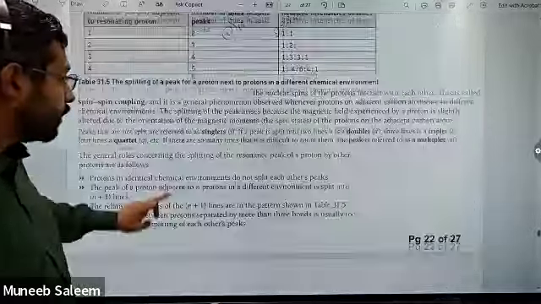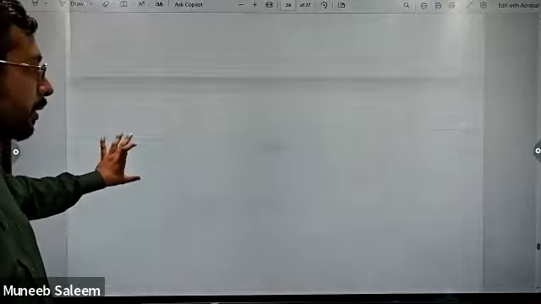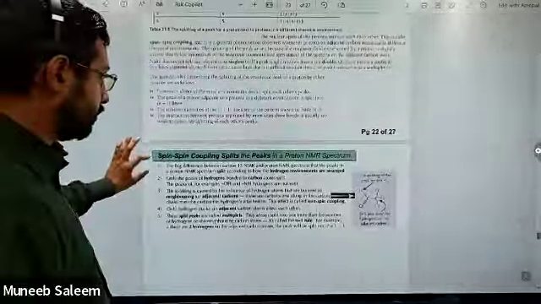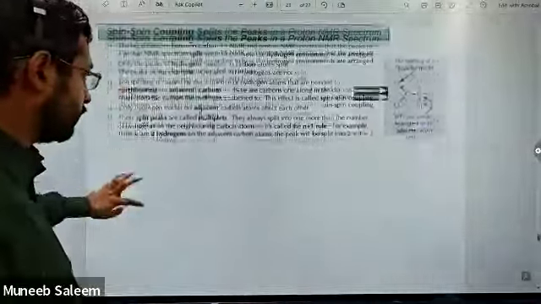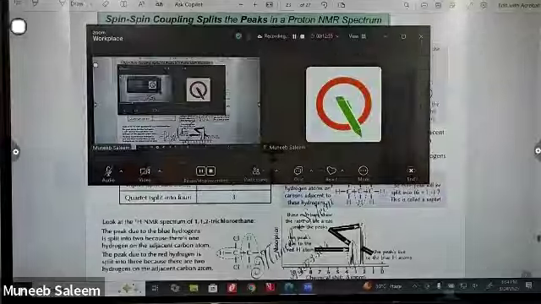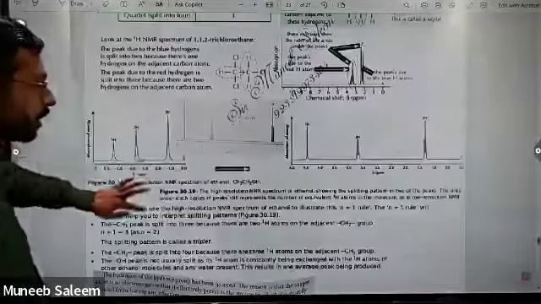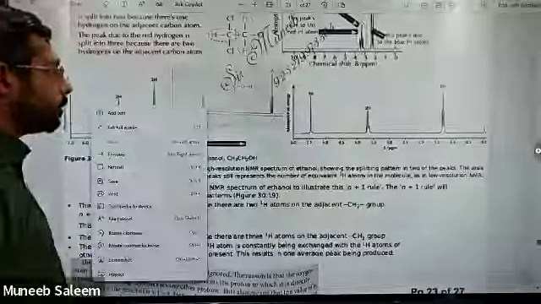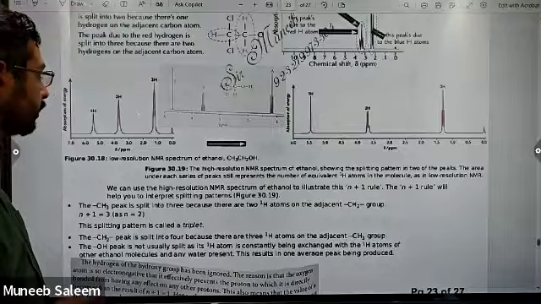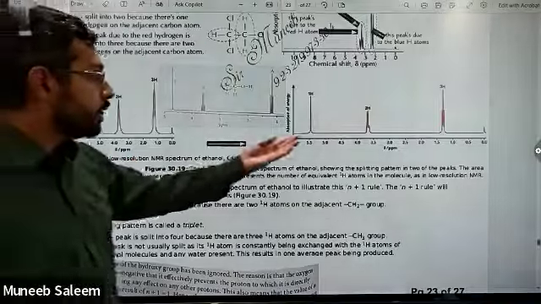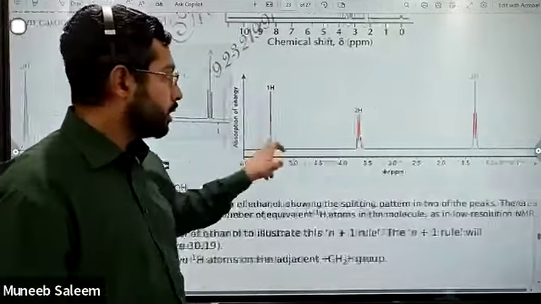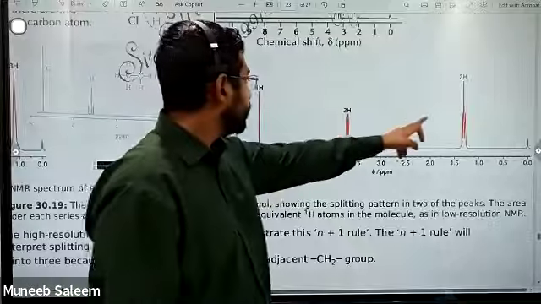But from here onwards, you will find the NMR spectroscopy under high resolution. Now, these are the peaks which are produced under high resolution NMR spectroscopy. Basically, the single peaks are split into more peaks. They are splitting over here. They are not just one.